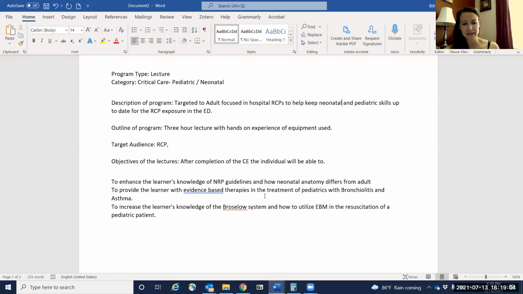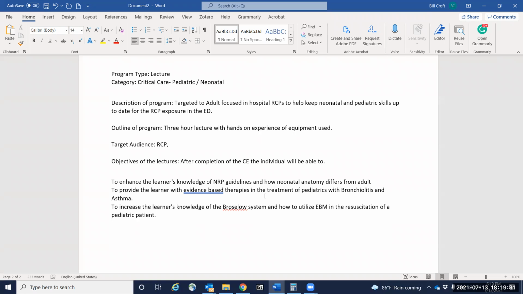It's not really specific. If you were looking at this, what would you want to specifically know in the treatment of pediatric bronchiolitis and asthma? Is there something that you want to specifically measure? All therapies, new therapies?